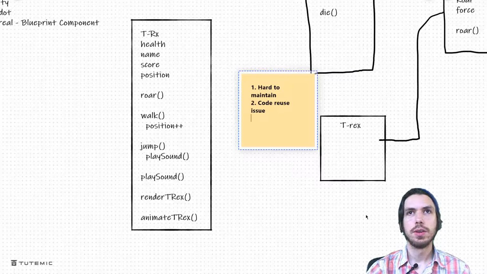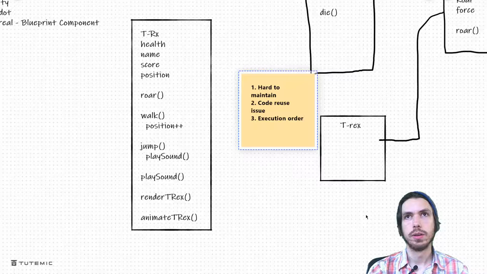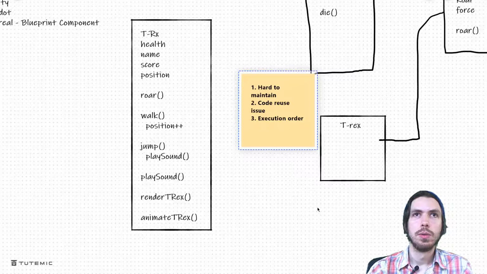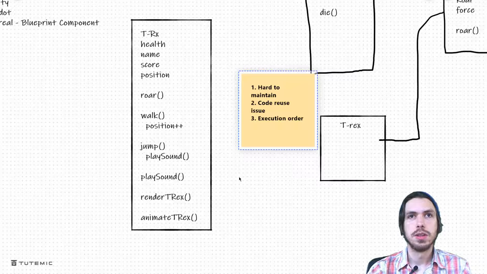And then we have other issues like execution order, right? So when you have all of this code in here, some things such as what animation frame you're on, associated with whether or not you've walked yet, and all this kind of stuff, it starts getting jumbled together in this big knotted mess.